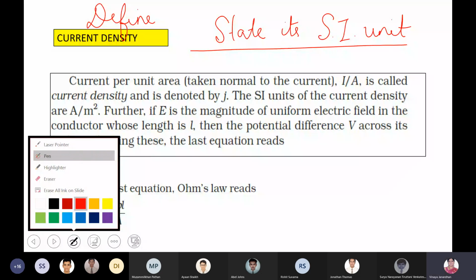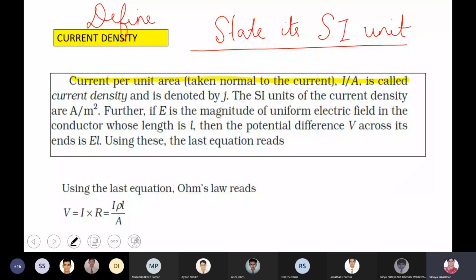The current per unit area is called current density. Per unit area.